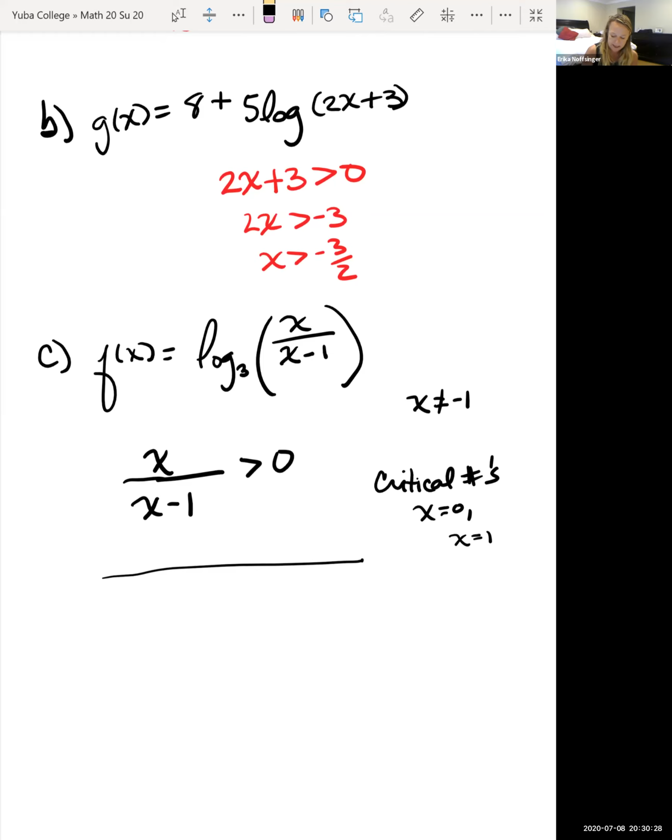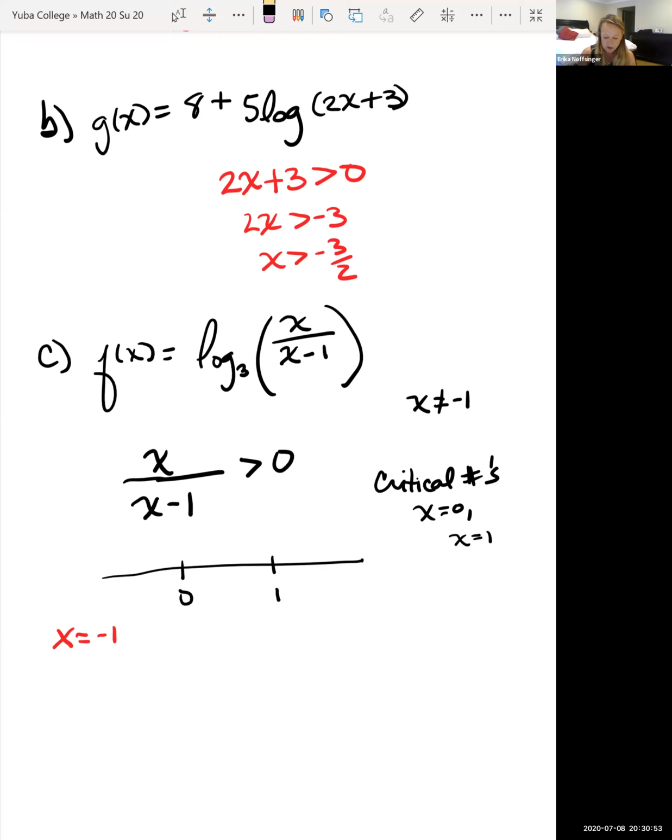Okay, so if we tested numbers on either side of this and plugged it in, we want to see: do we get a true statement or a false statement? If we get a true statement, then any number on that side would work. If we get a false statement, any number there would not work. So if we choose a number less than 0, because 0 is a critical number, let's say -1.